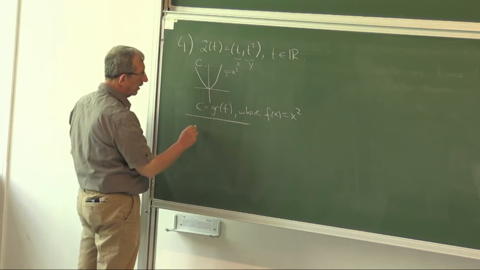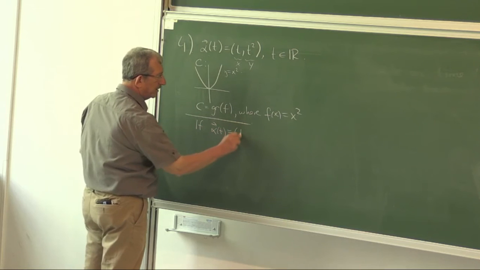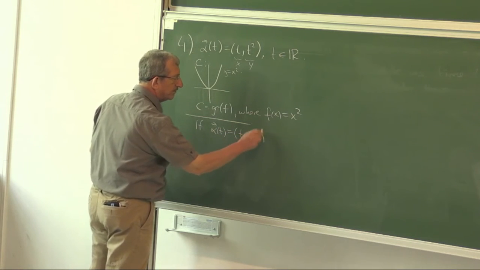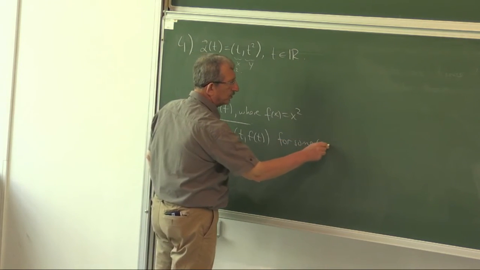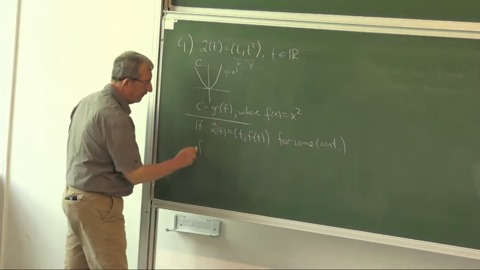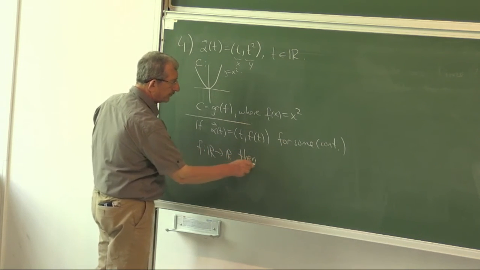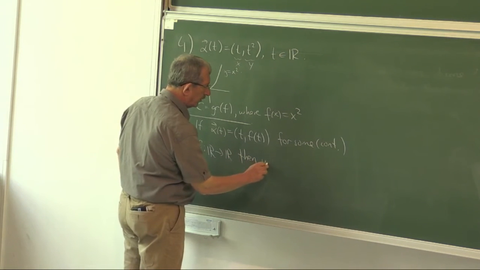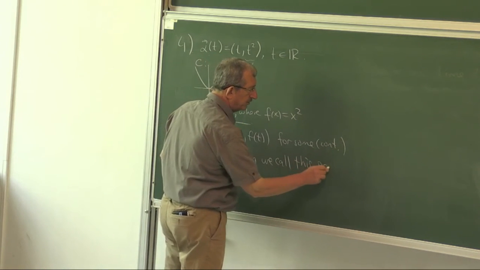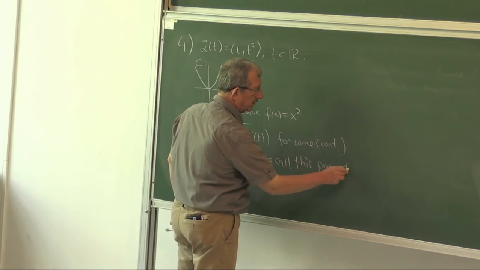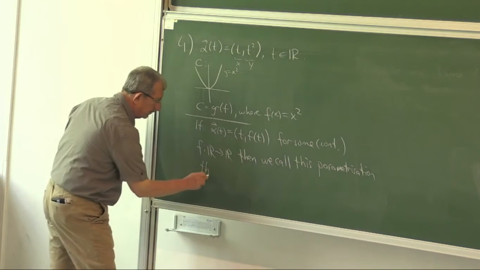If alpha is t, f of t, for some, of course, continuous f from R to R, then we call this parametrization the trivial one.